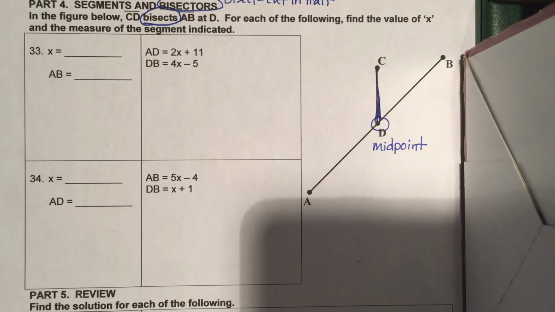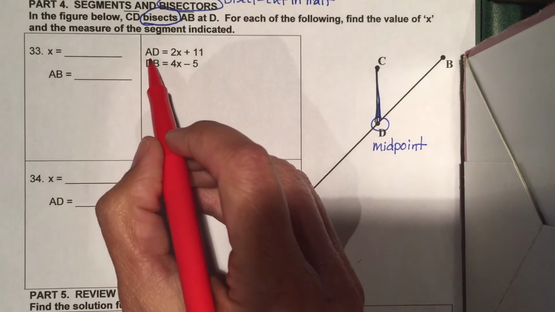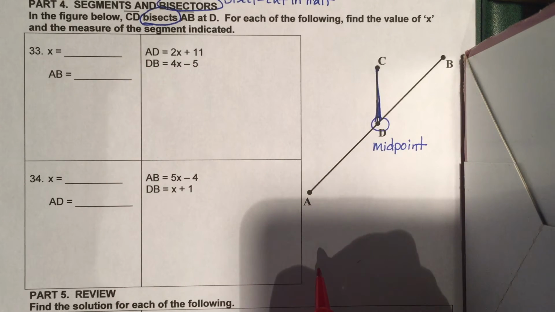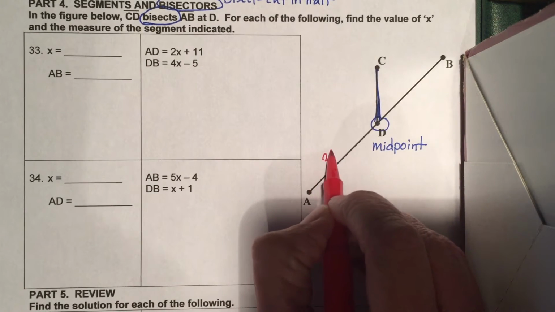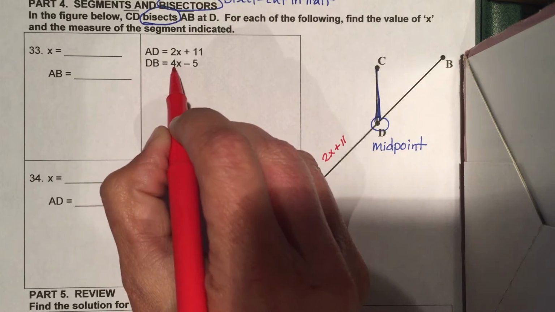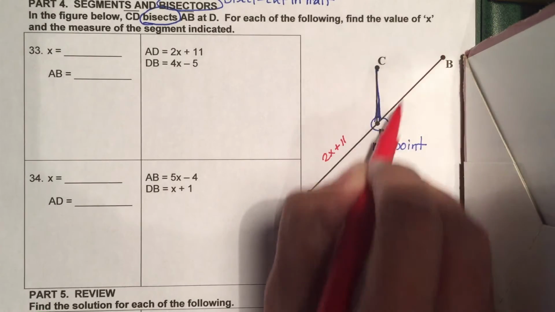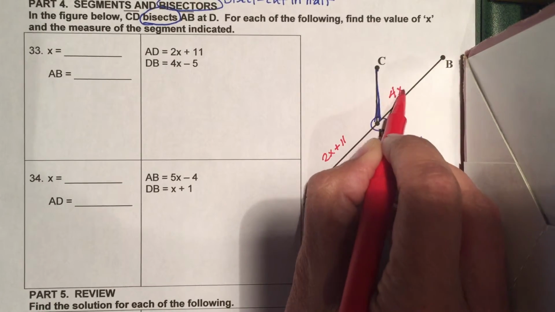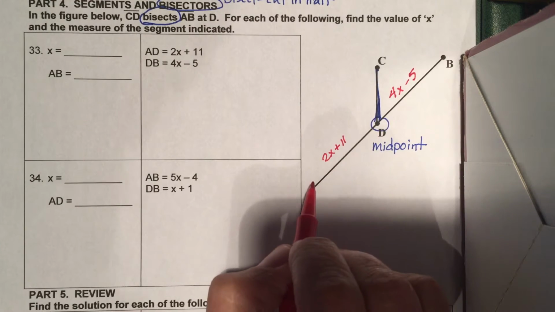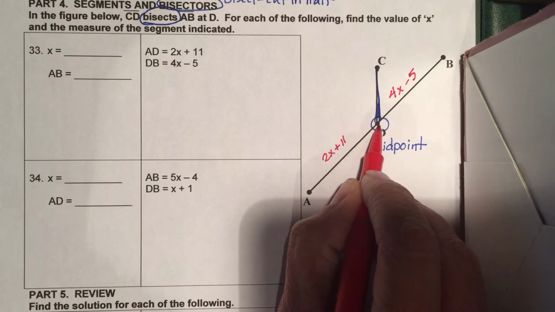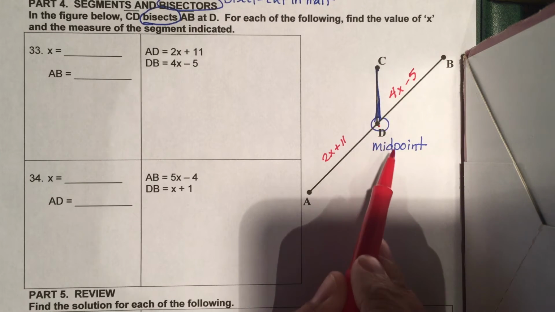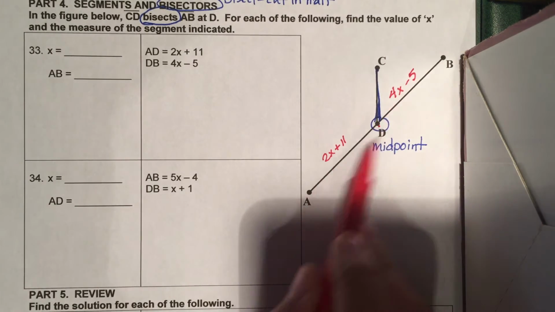So what we're going to look at now is they're going to give us some distances. We have AD is 2x plus 11. So I'm going to go from A to D is 2x plus 11. And D to B is 4x minus 5. Okay? Now, what do you know about those two pieces, A to D and D to B? What did we already say D was? D is the midpoint. That means it's halfway.